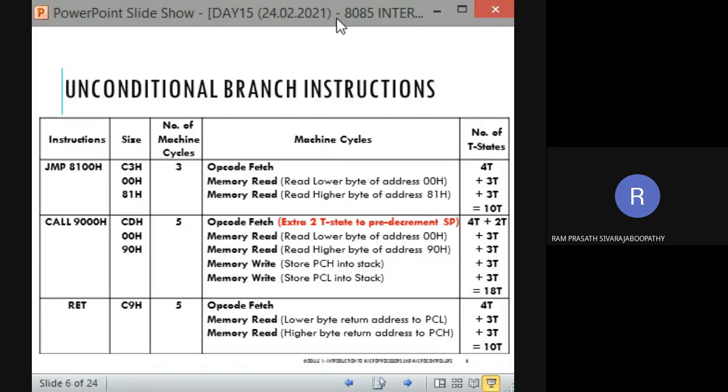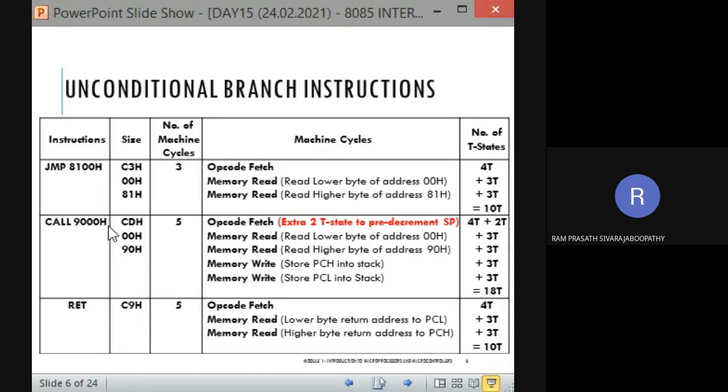Whenever the call instruction is executed, what does the CPU do? Kindly type it in the chat. Yes, very good, Sajid. Storing the return address in the stack. Very good. It stores the return address in the stack, correct?